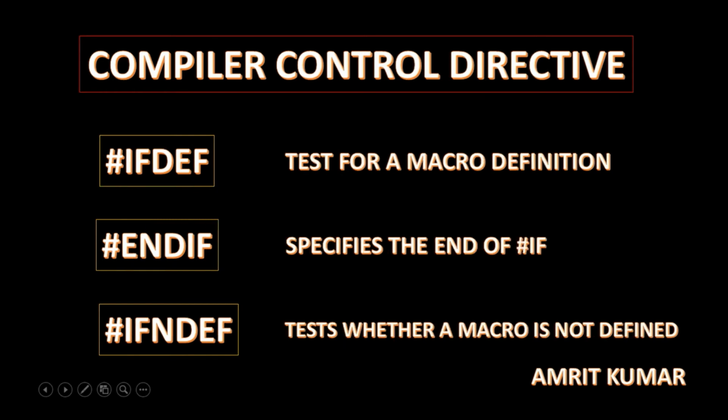Then there is #ifdef, which is used to test for a macro definition; #endif, used for specifying the end of #if; and #ifndef, which is used to test whether a macro is not defined.